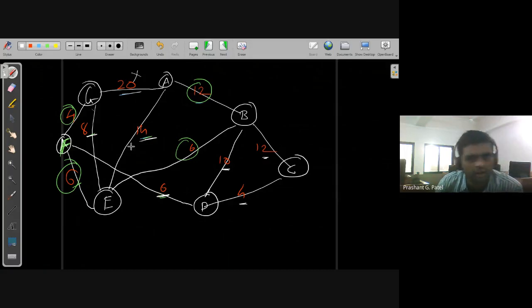This many edges have not been taken in our tree. Out of these, the CD edge has weight 4. So that's why we can pick CD. Okay, so you can pick CD, that is your edge you can put into this.